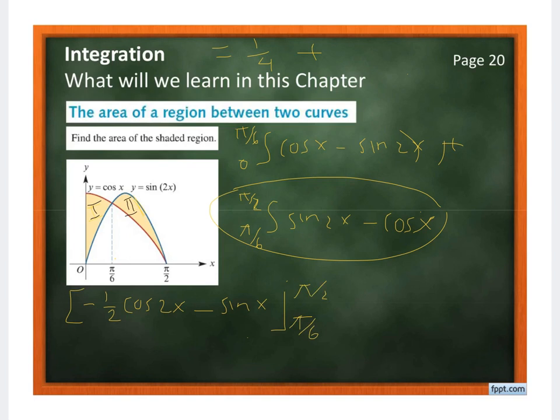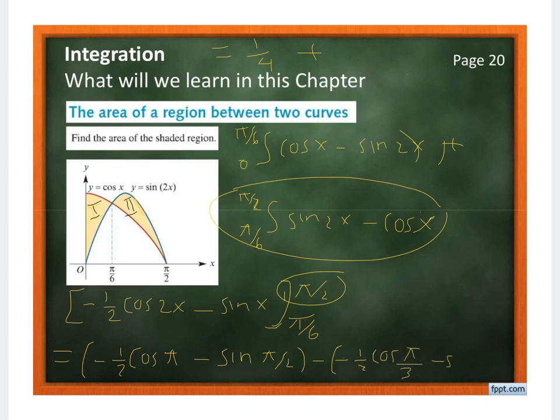So we find the answer here: negative 1/2 cos 2x, substitute pi over 2, so cos 2 times pi over 2 is pi, minus sin pi over 2, minus negative 1/2 cos 2 times pi over 6, which is pi over 3, minus sin pi over 6.